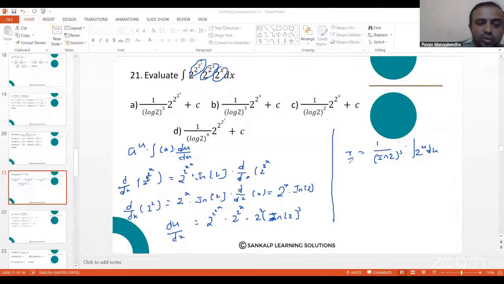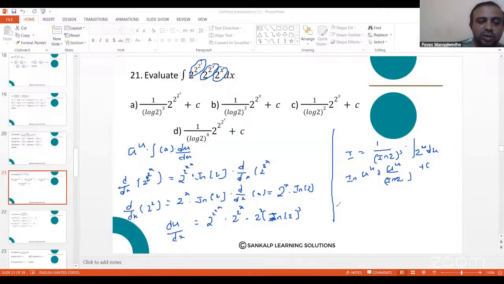Then the integral of a raised to u is what? The integral of a raised to u, all of you know, is a raised to u upon the integration of 2 plus constant.